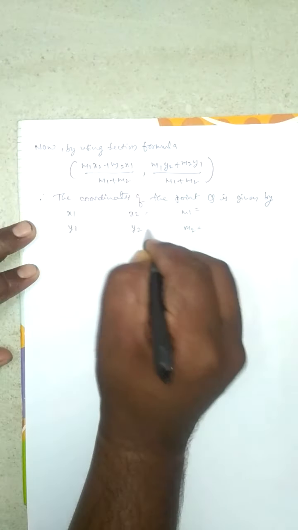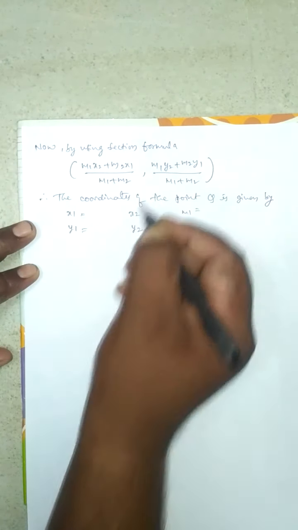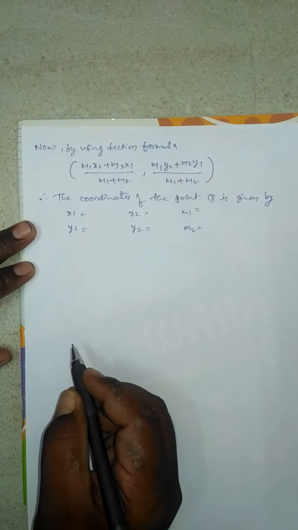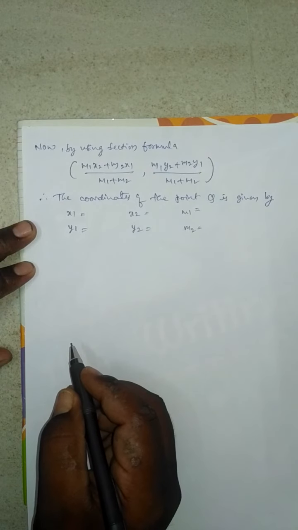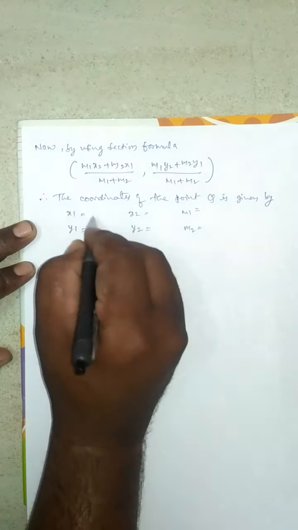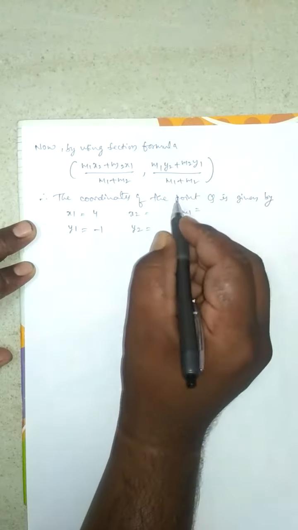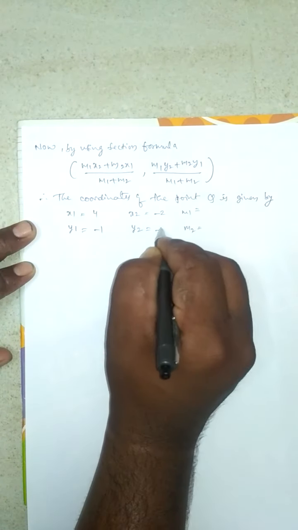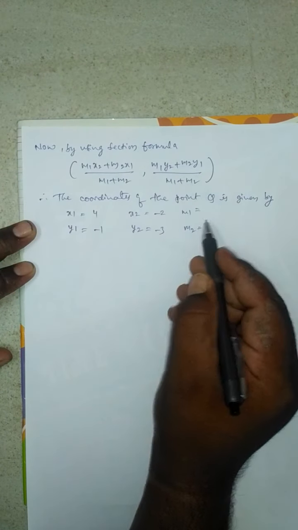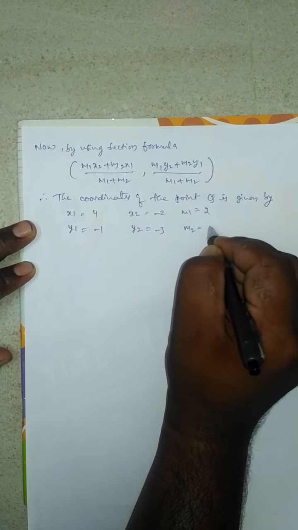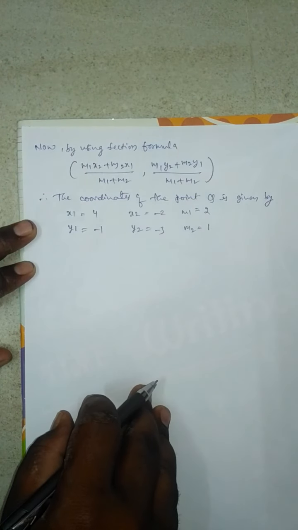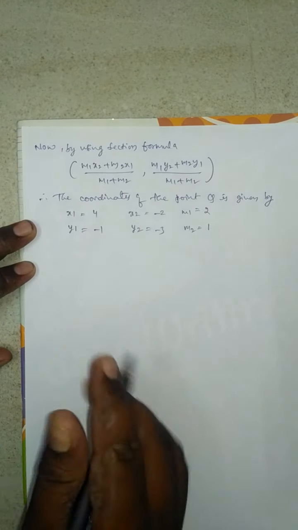Here x1 y1 is 4 comma minus 1, x2 y2 is minus 2 comma minus 3, m1 value is 2, m2 value is 1, because here the ratio is 2:1.